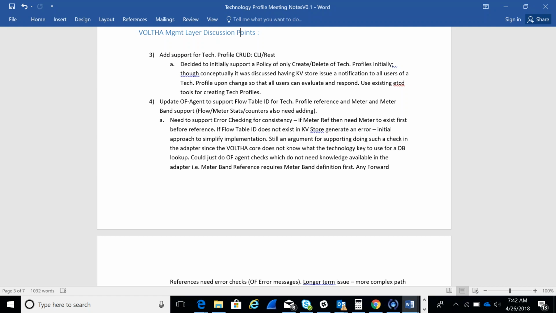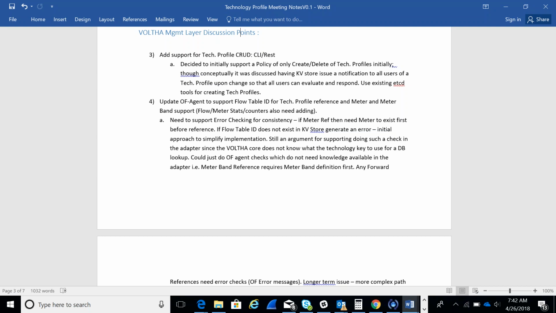The next layer in the diagram was the management layer discussion point. Point 3 was that we need to add support for technology profile create, read, update, delete. We talked about essentially using the existing access models for the XD database key value store.